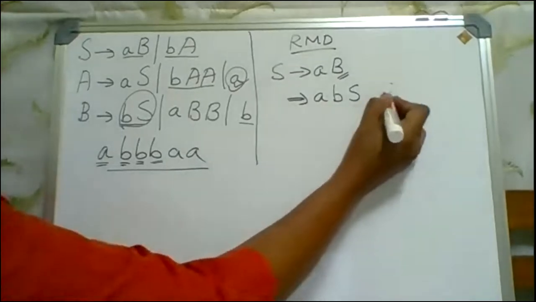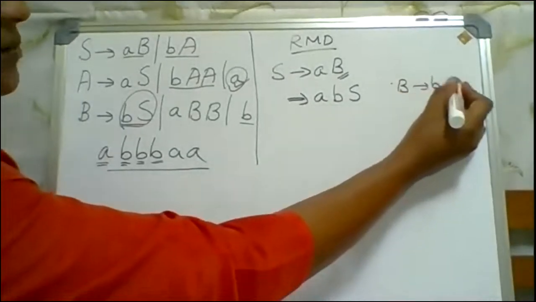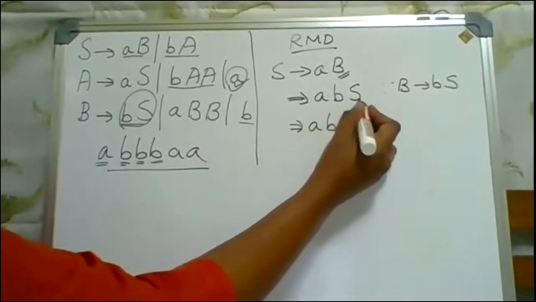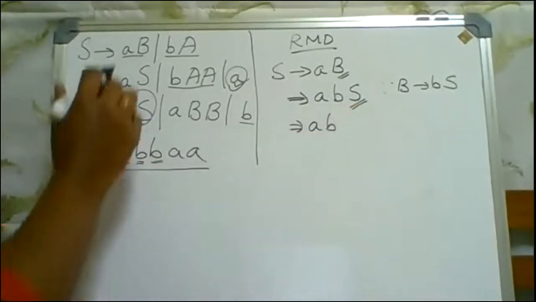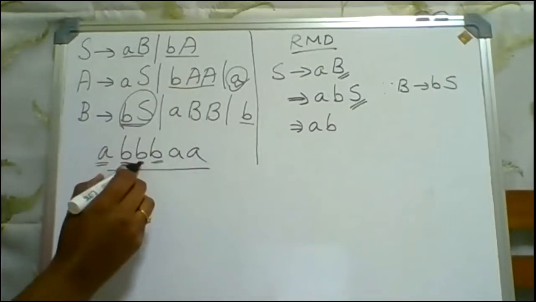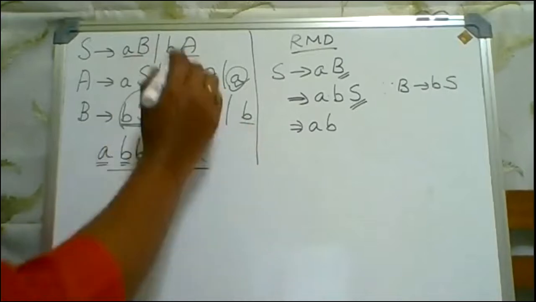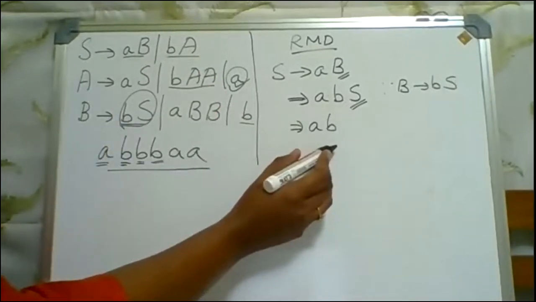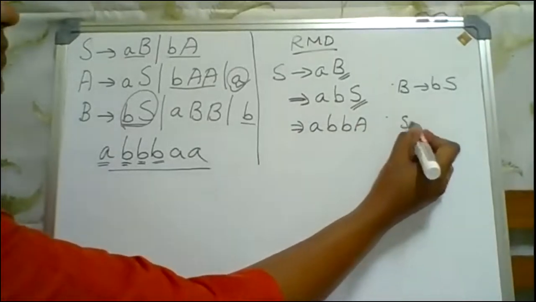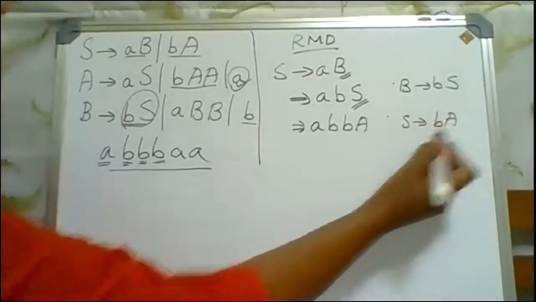Next, we need to replace this S with either AB or BA. Since the third symbol is B, we'll replace S with BA.